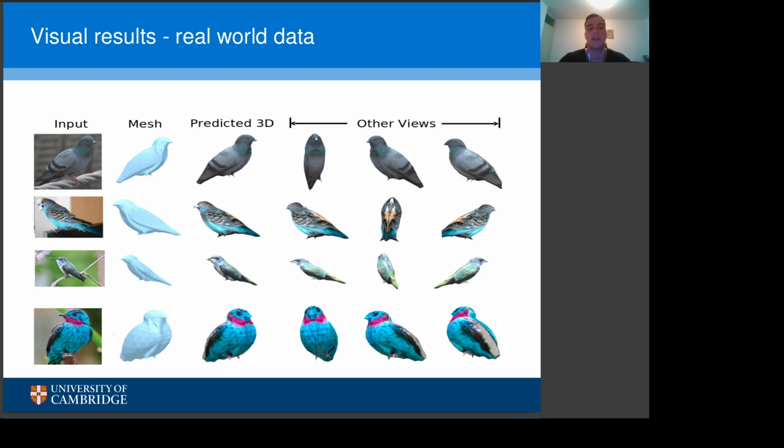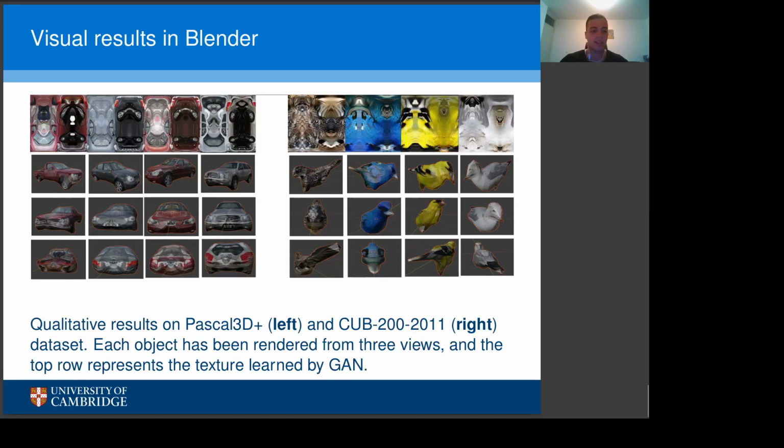The second column is a generated 3D mesh, obtained from the 3D point cloud after Poisson surface reconstruction, and in the next four columns there is the predicted 3D model visible in four poses. Here we have the qualitative results on the Pascal 3D Plus dataset and the CUB dataset. CUB is on the right, and on the left we have Pascal. Each object has been rendered from three views, and the top row represents the texture learned by GAN.